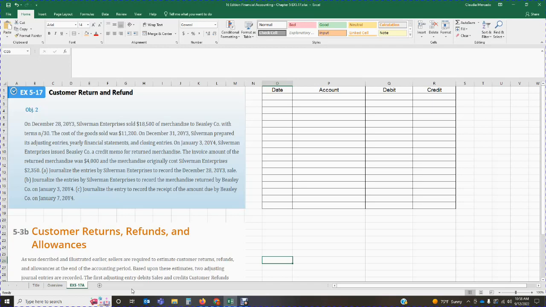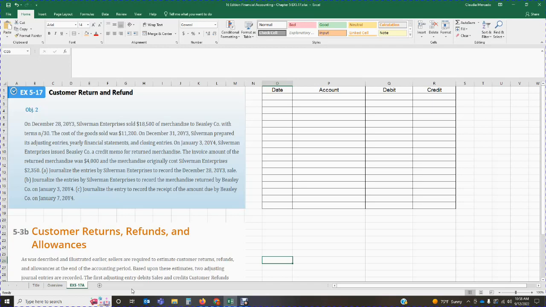So this problem reads: on December the 28th, 20Y3, Silverman Enterprise sold $18,500 of merchandise to Beasley Company with terms net 30. The cost of the goods sold was $11,200. On December the 31st, 20Y3, Silverman prepared its adjusting entry, yearly financial statements, and closing entries.